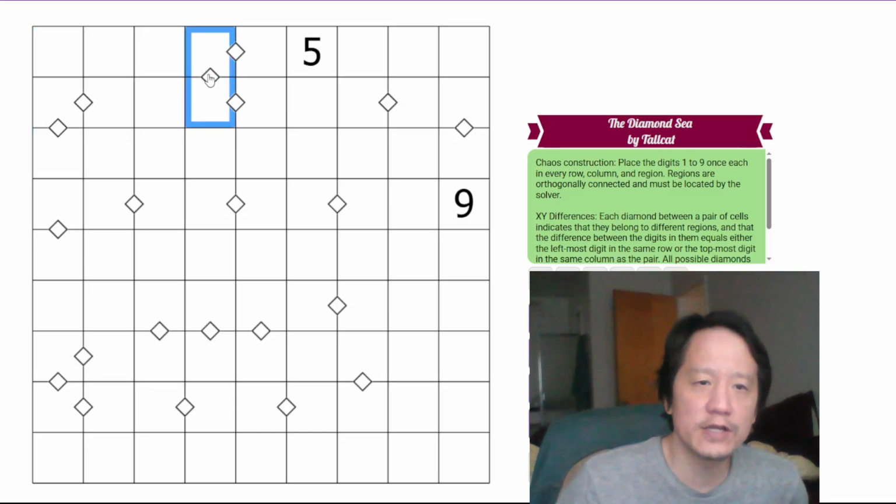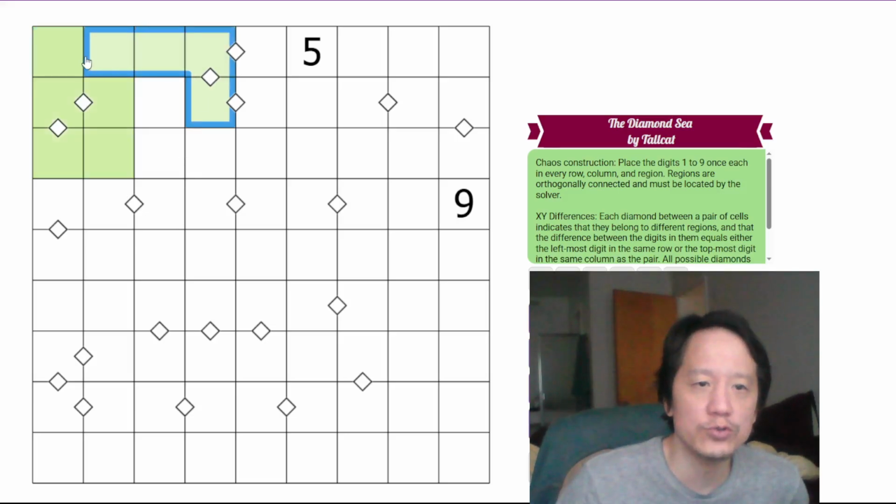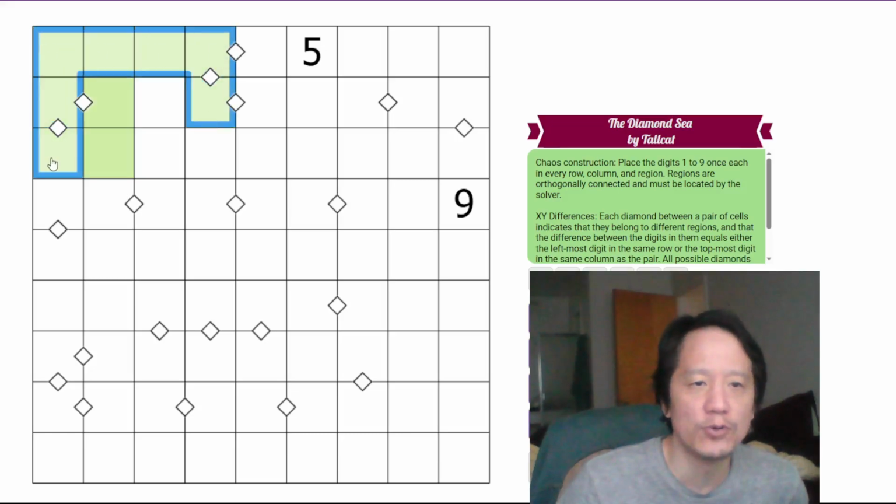So by orthogonally connected, that means all the cells in a region must be able to connect to any other cell in the region by going through edges, and it should be able to stay within the region. So this is an example of an orthogonally connected region.